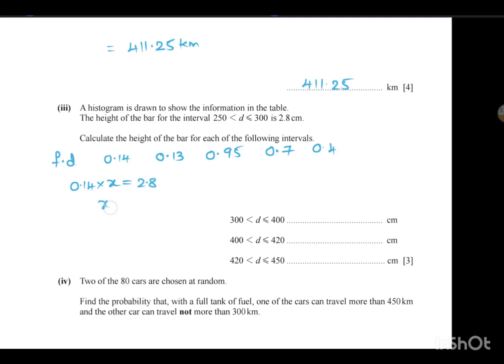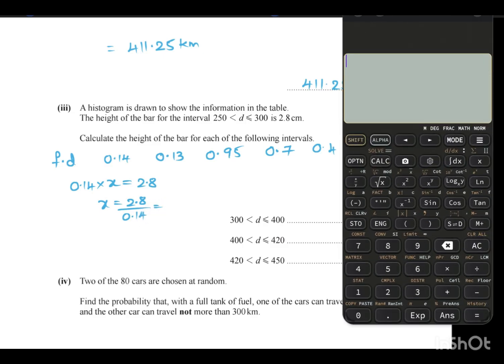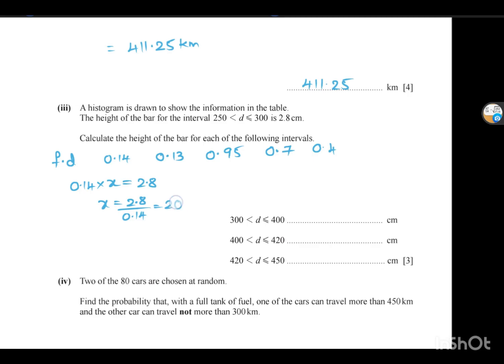So x will be 2.8 by 0.14. Find out. 2.8 divided by 0.14 is 20. So that means 20 is multiplied to all these frequency densities to find the height. So let us do that.